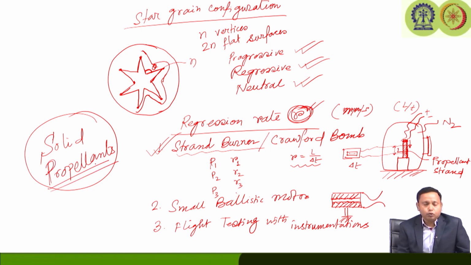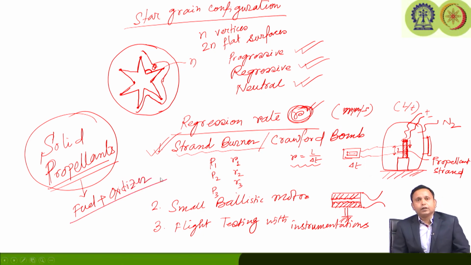but we should remember that propellants must have fuel and oxidizer, since a rocket is not taking any oxidizer from the atmosphere; it must carry its own fuel and oxidizer. Since it is a solid propellant, the fuel and oxidizer are mixed together.